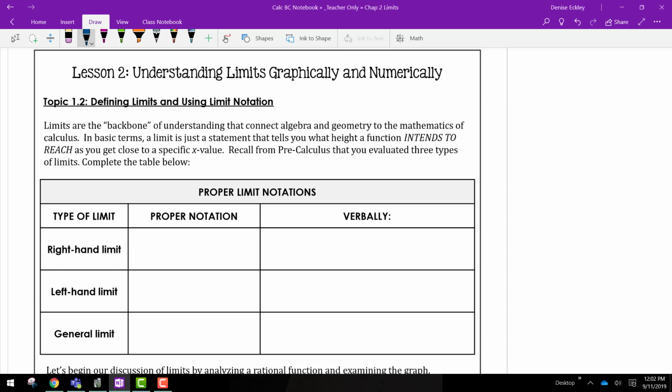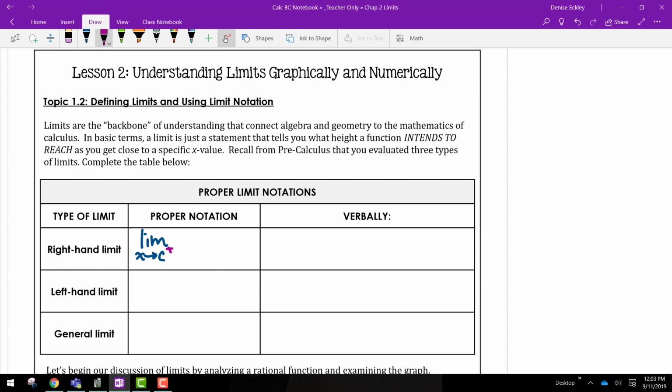So we're going to start by talking about proper limit notation and exactly what they mean. If you're given a right-hand limit, you would recognize it because the notation would look like this. You would have the limit, and underneath the LIM, you would write x approaches some value, and then you put a little plus sign here.